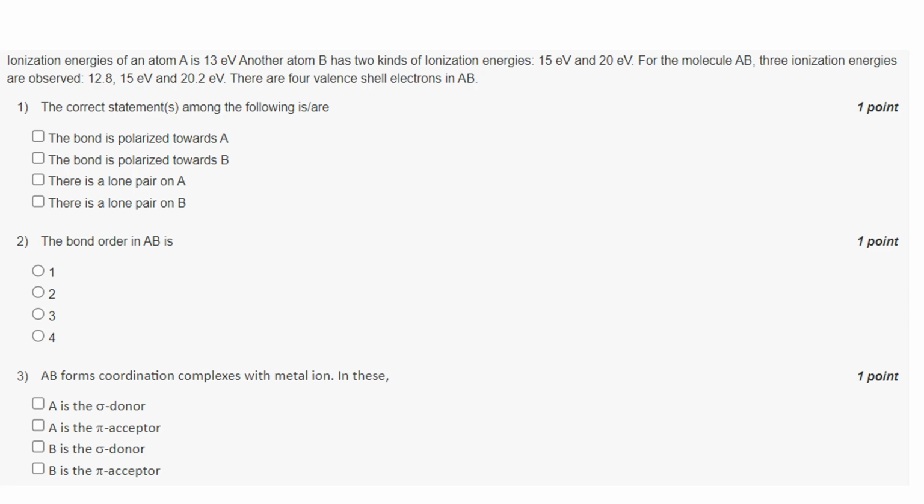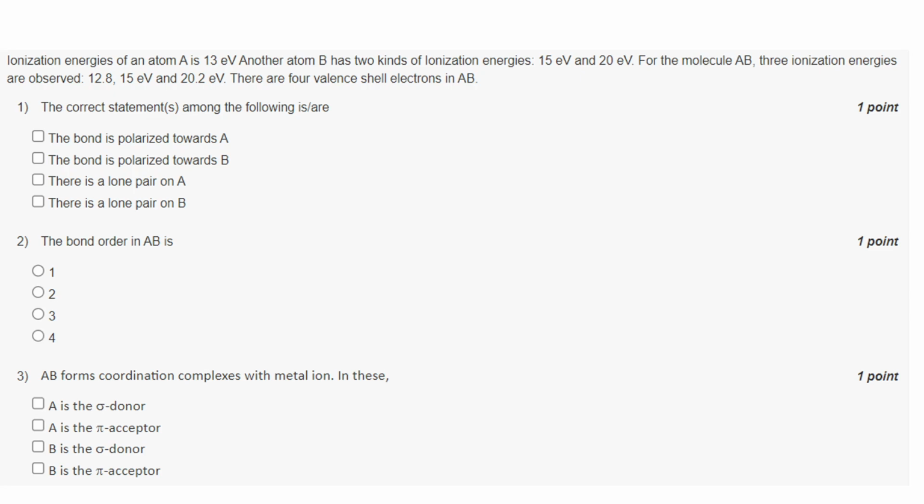For the molecule AB, the three ionization energies are 12.8, 15 electron volt and 20.2 electron volt, and it is also given that four valence electrons are present in AB.